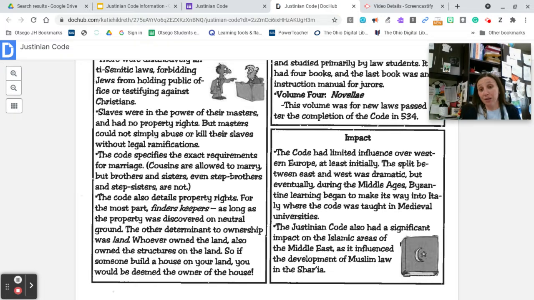So it started out in the Byzantine Empire, and it started to spread. The Justinian Code also had a significant impact on Islamic areas of the Middle East, as it influenced the development of Muslim law in the Sharia. So that's just a brief explanation and description of the Justinian Code.